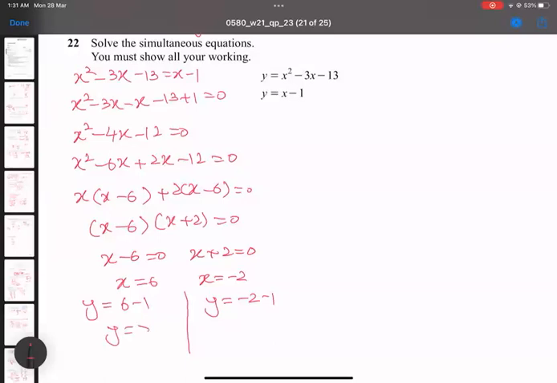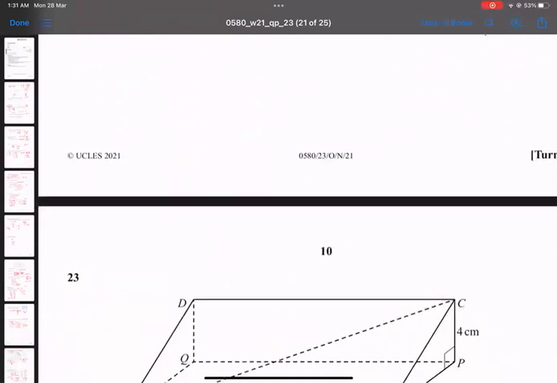Here I get 5, and here I get negative 3. So we got a pair of values. Now how to write it? We write in coordinate form, x first and y later. Alhamdulillah Rabbil Alameen, (6, 5) and (-2, -3) are our required answers. So let's go for the next.